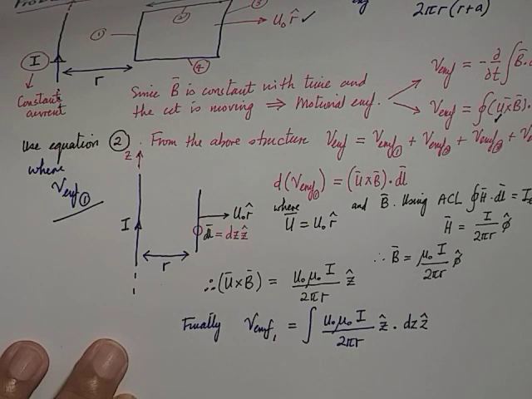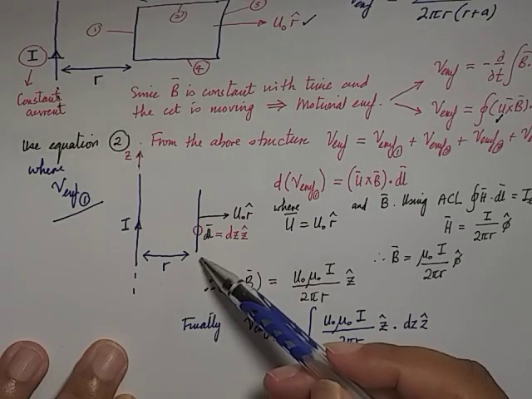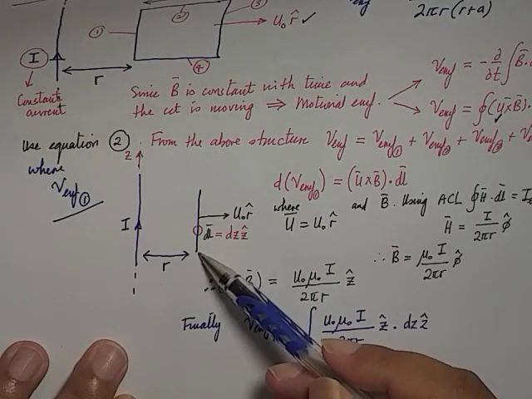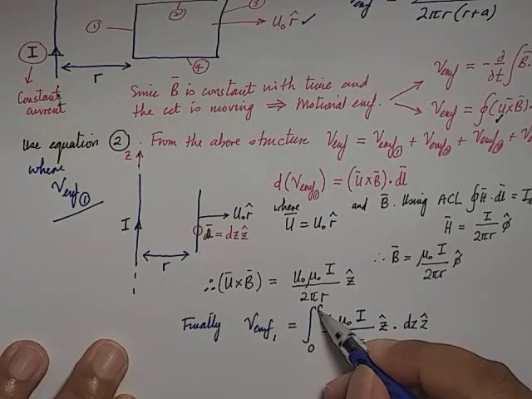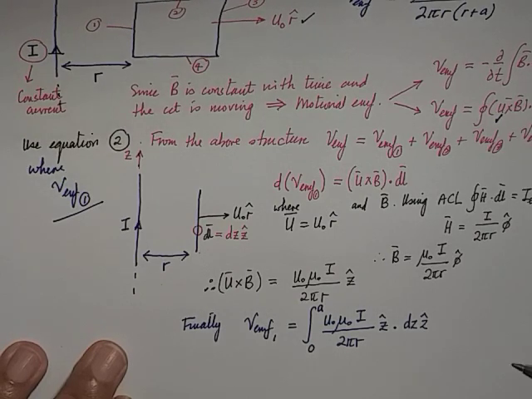So therefore I have to choose the limit now. Looking at our problem here, the length of this conductor can be related from 0 to A. So I'm going to put from 0 to A. And you can see the way I'm choosing the limit is very critical here.